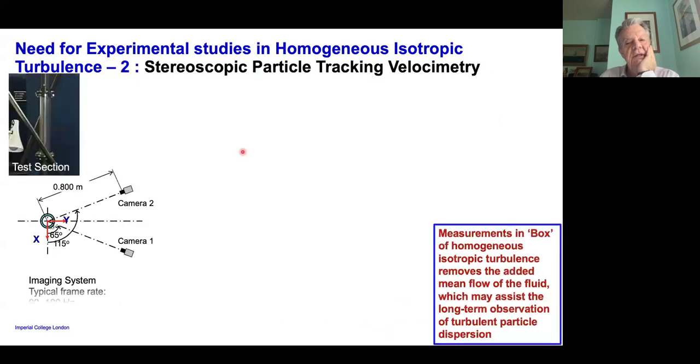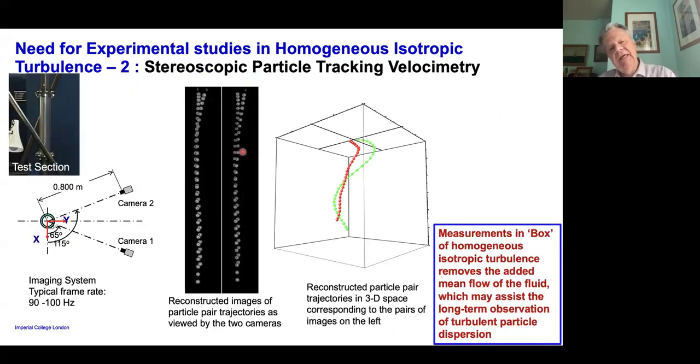Also, at some point we did Lagrangian tracking with particles in a pipe flow, injecting only two particles, and you see two trajectories which move over distances of the order of 40 centimeters, so it's quite a long distance. The particles move along fairly straight lines, and you can see the three-dimensional trajectories of the two particles as viewed from two cameras.